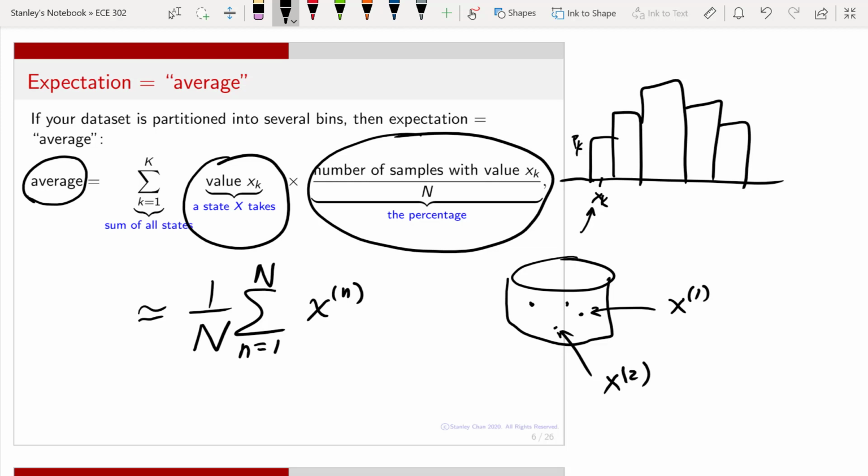The difference is that we are assuming that all these samples, when they live in the same bin, can be well approximated by the average. Okay. Now, if this approximation is not correct, then you will suffer from a little bit of approximation error. But overall speaking, this is a very, very good way of calculating the average. And you can see why our expectation is a very good capture of what we are doing in practice.